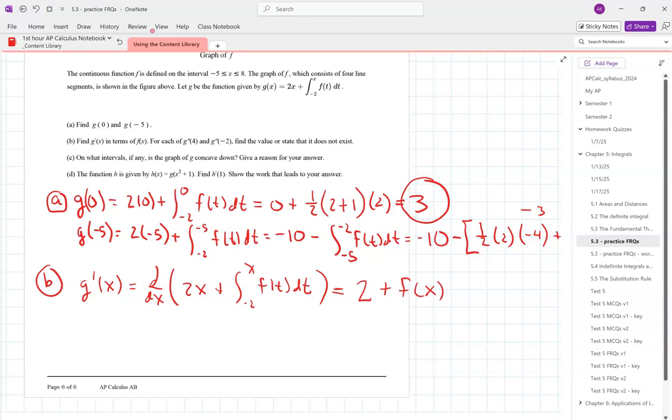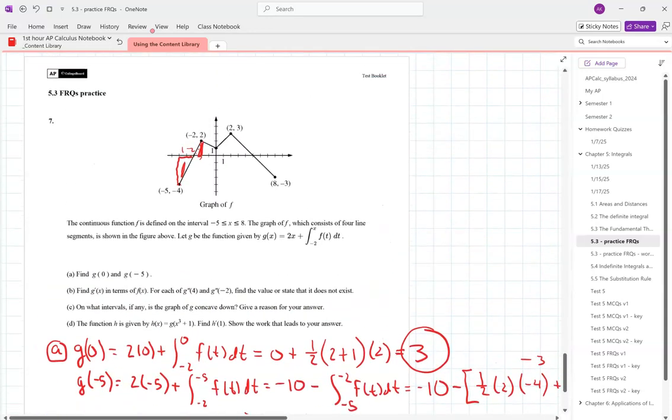That's why I'm not worrying about a chain rule here. All right, then it says for each g double prime of 4 and g double prime of negative 2, find the value or state that it does not exist. Okay, well, I'm going to need g double prime then. So the derivative, or g double prime, is the derivative of g prime. So that's just going to be f prime, right? So g double prime of 4 is going to be f prime of 4.